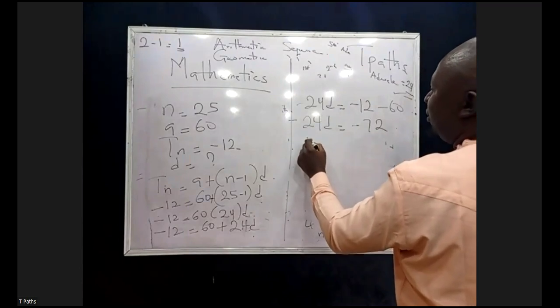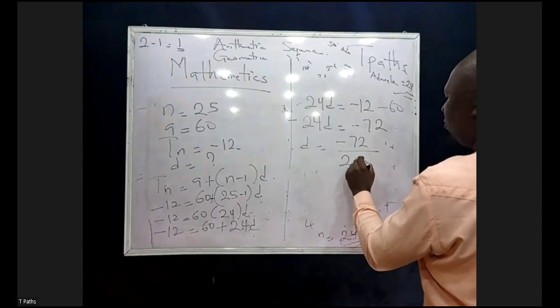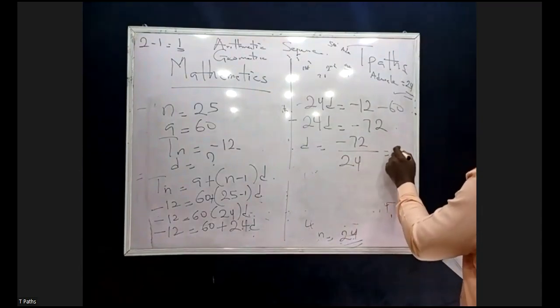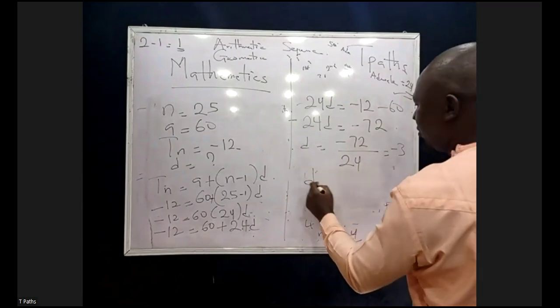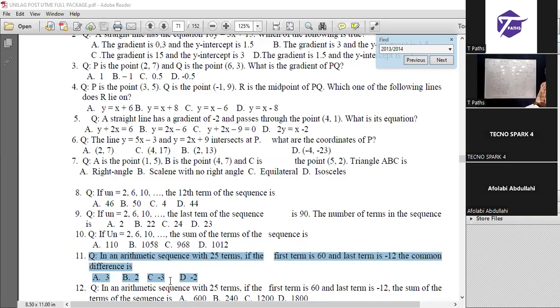Therefore, d equals -72 over 24, which gives us -3. So your d is -3. I told you, without solving it, that d is going to be negative. And that is option C, -3.